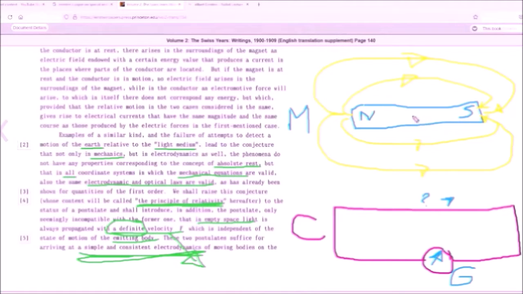So the similarity between a magnet and a conductor that have asymmetrical properties: when the magnet moves, it has an effect distinctly different from when the coil or the conductor moves. When the earth moves, it is distinctly different from the effect of when the light moves around the earth. The two cases, the magnet and the coil and the earth and the light, are not similar at all.